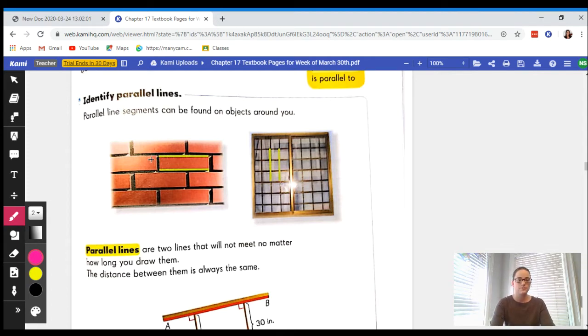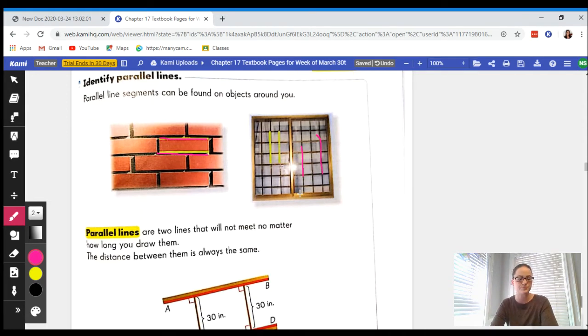So look here, you have parallel lines in these bricks. They're parallel line segments, or you have parallel lines in your window here. I bet a lot of you have parallel lines on your windows at home, or maybe in your blinds or in your kitchen cabinets. Maybe comment below the video on what you find, if that's something you can do.